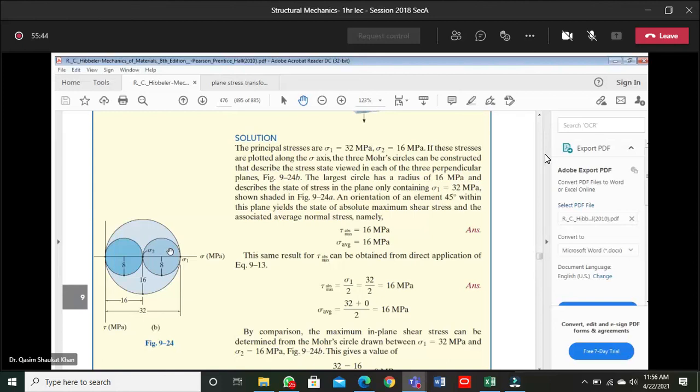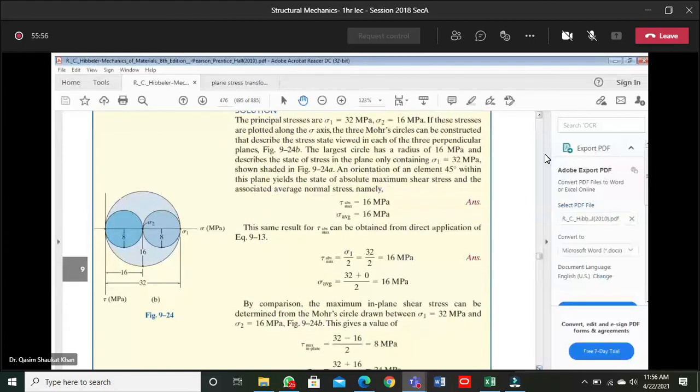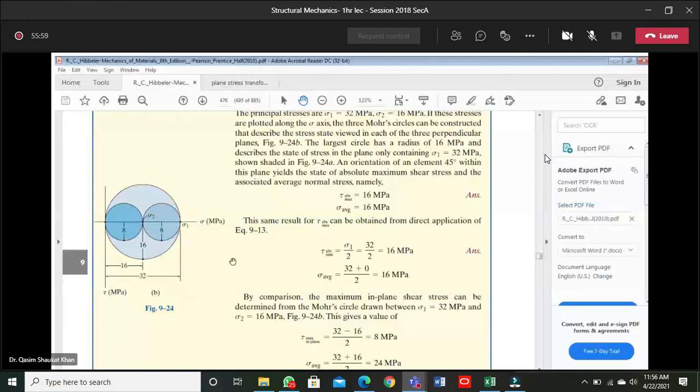Absolute maximum shear stress will be sigma 1 over 2, that is 32 minus 0 over 2, 16 megapascals, and maximum in-plane shear stress will be this one, which will include sigma 1 and sigma 2.